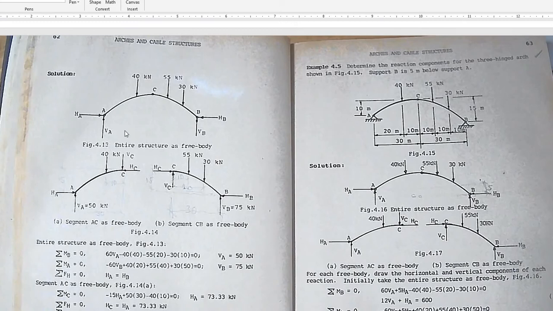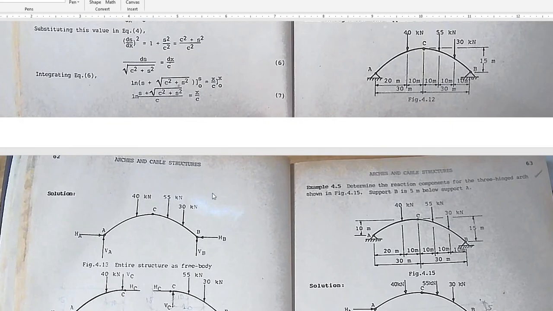Okay, so let's solve. You take the entire structure as free body. Summation moment at B is equal to 0. And then, 60 times VA. Where does the 60 come from? That is the distance from point B: 10, 20, 30, 40, 50, 60.